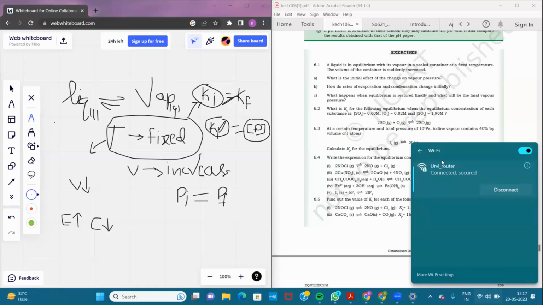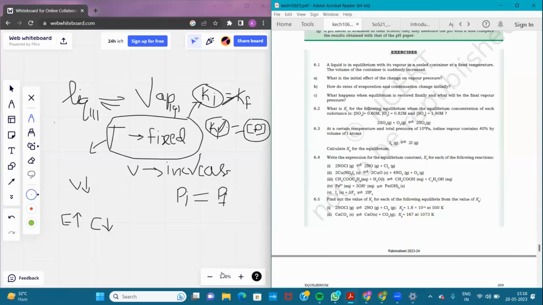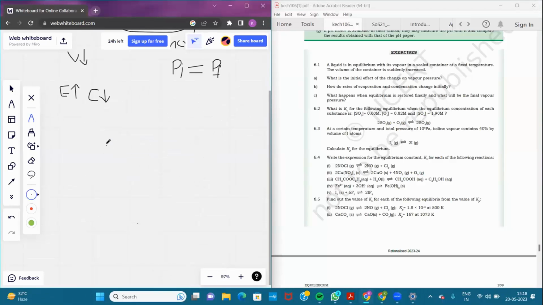What is Kc for the equilibrium when the equilibrium concentrations of each substance, SO2 concentration was given, O2 concentration was given, and SO3 concentration was also given. The reaction is also provided here. So we'll proceed with the next question. In second question, concentration of SO2 is 0.6.